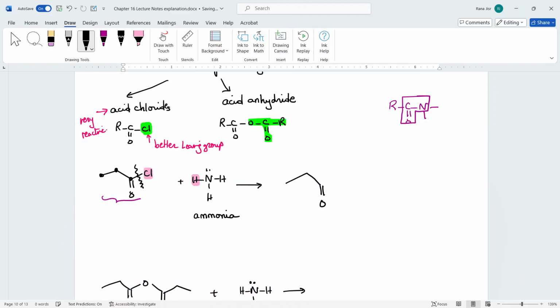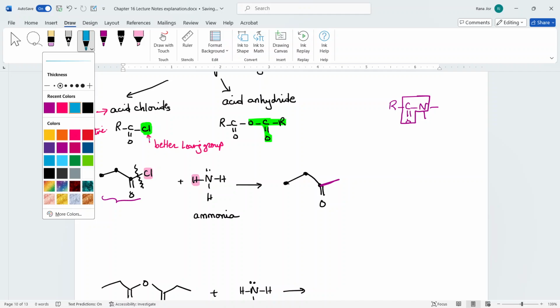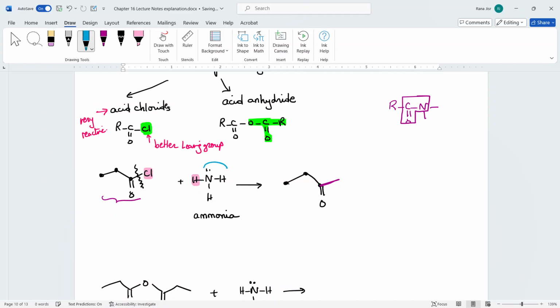Here you go. Make sure that you copy the same number of carbons in here. And then I'm going to make a new bond. This is going to be my amide bond. And then the rest of the ammonia that is left, which is the NH2 over here.